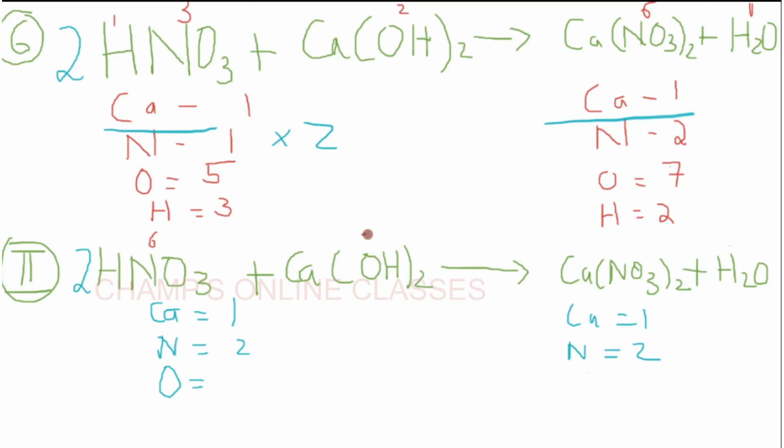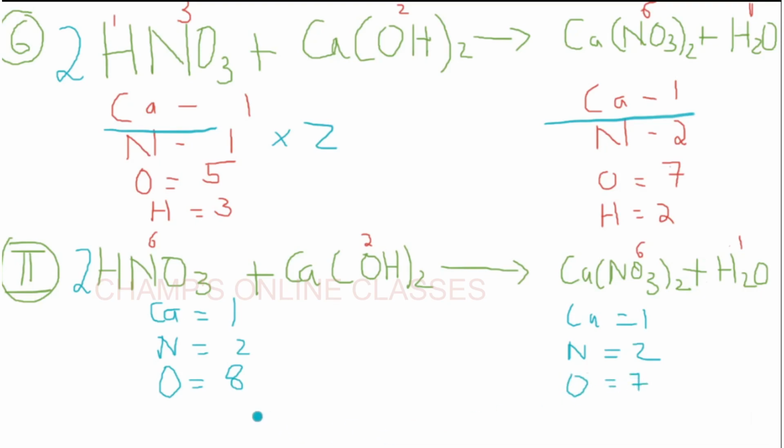So 2 ones are 2. 6 plus 2, it's 8. On product side, how many oxygen are there? 3 2s are 6. And then here, there's nothing, that means it's 1. So 6 plus 1, 7. So there are 7 oxygen on the product side.